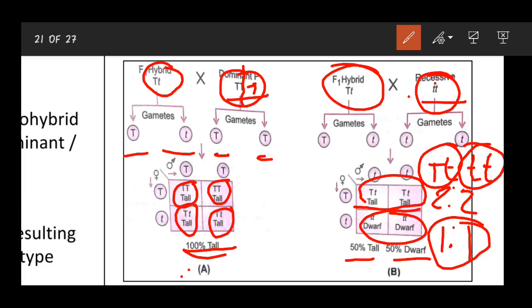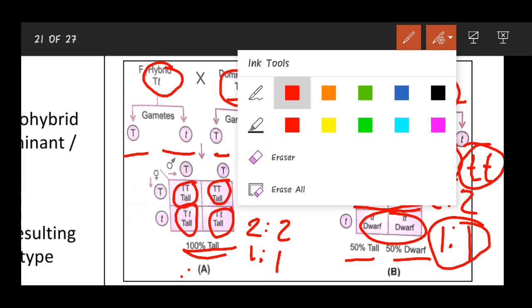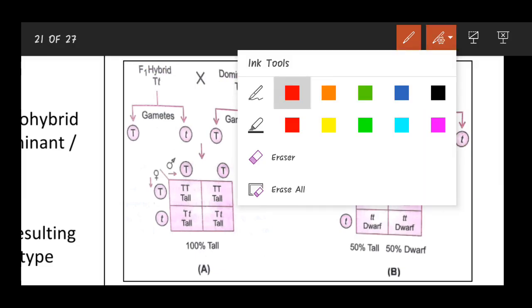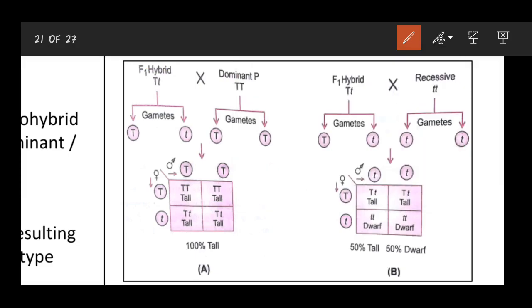The phenotypic ratio is only 1 because 100% are tall, and the genotypic ratio is different because everything is tall in that case. Here the ratio will be 1:1. So we saw how you get this 1:1 here.